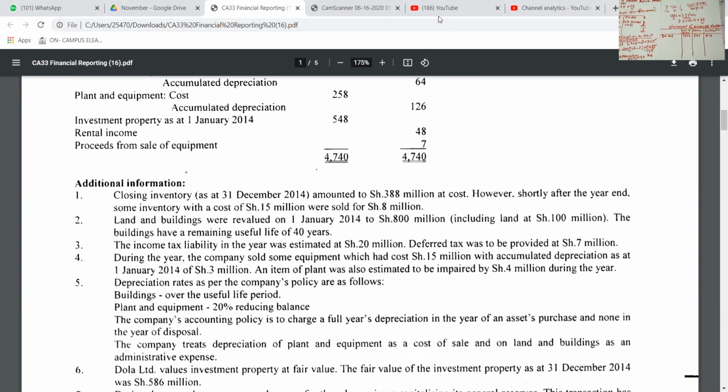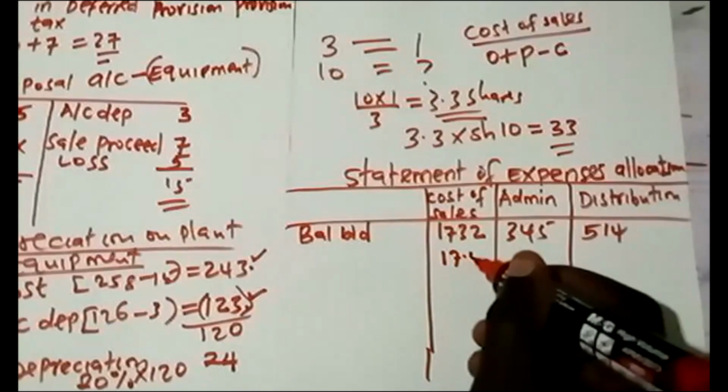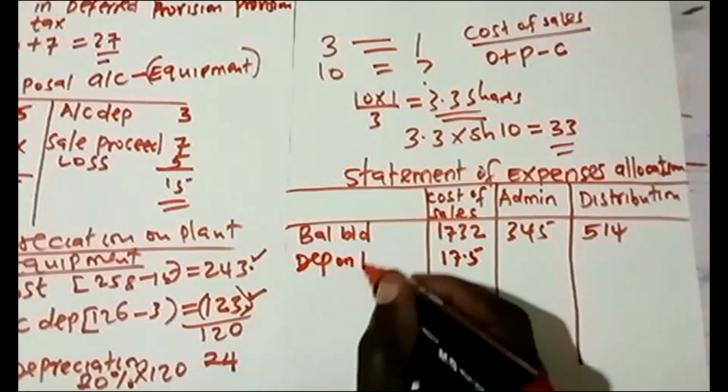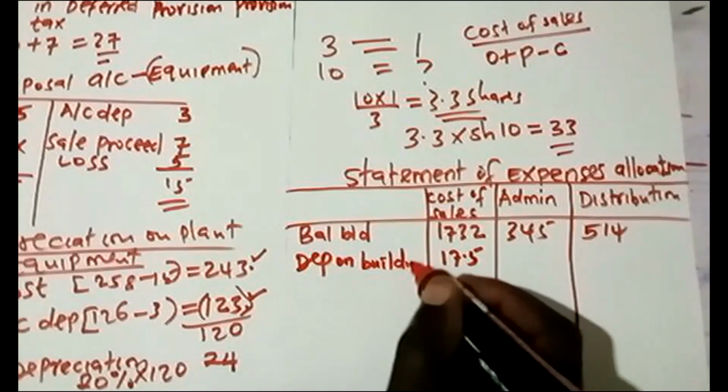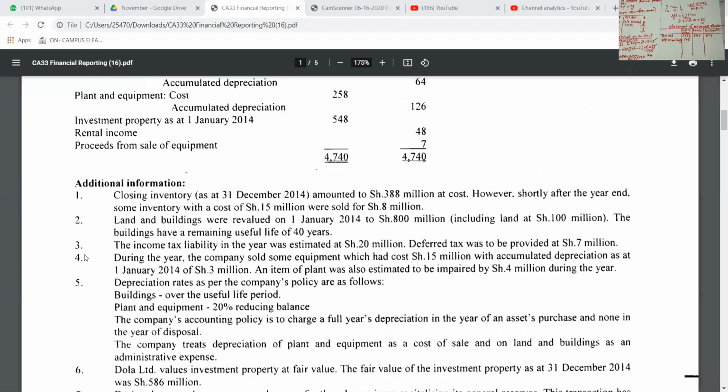So which means that our 17.5 will be classified under admin, because this one concerns depreciation on building. So that was additional information number 2, the only expense which was there.